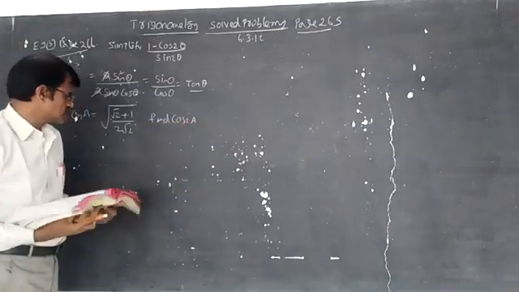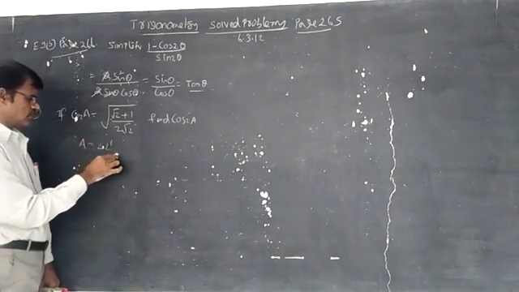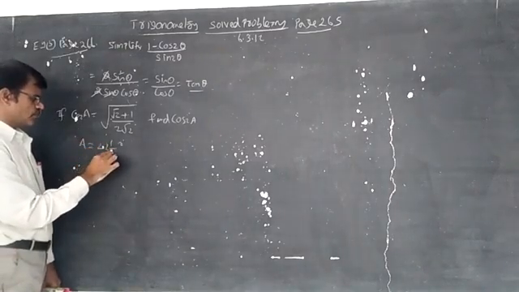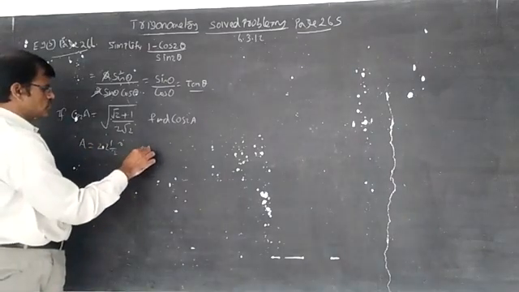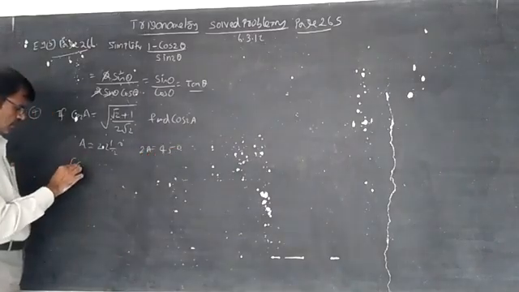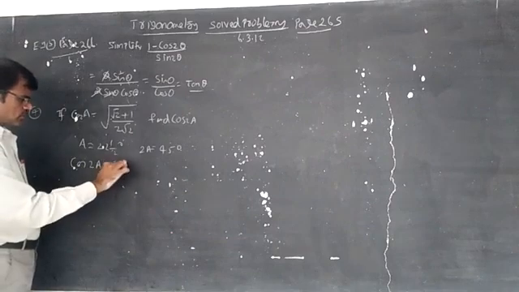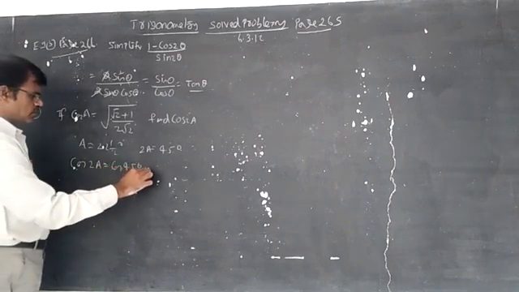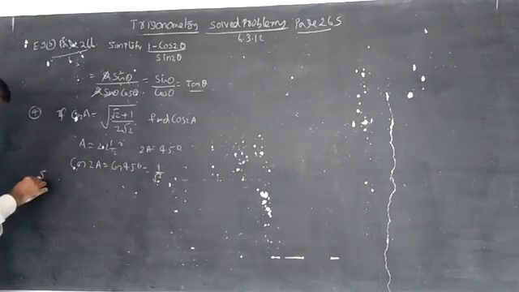It is an easy question. Just now we have learnt that the value of cos 22 and half is equal to root of root 2 plus 1 by 2 root 2. So 2A becomes 45. So cos 2A is equal to cos 45 degrees. The value is 1 by root 2.